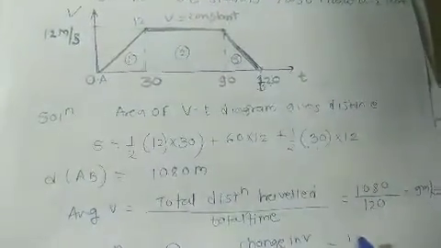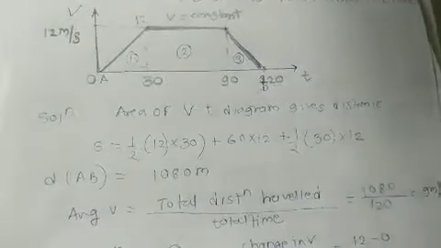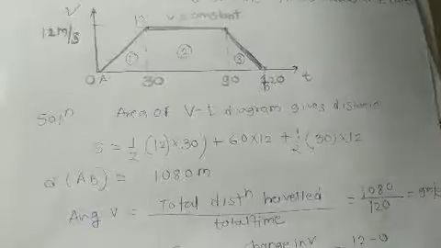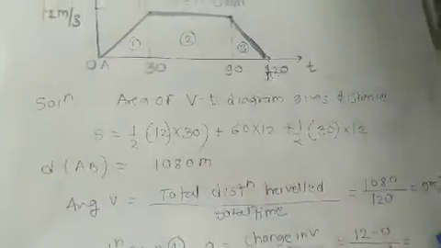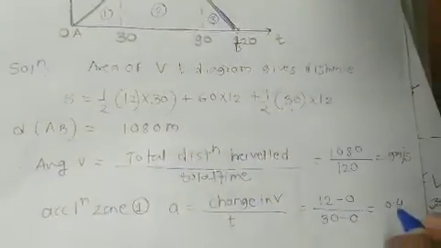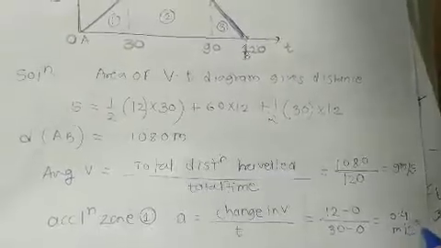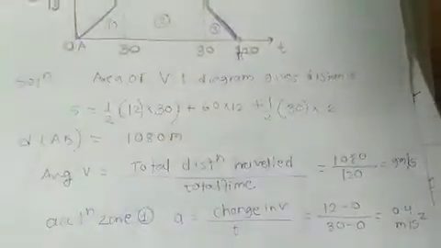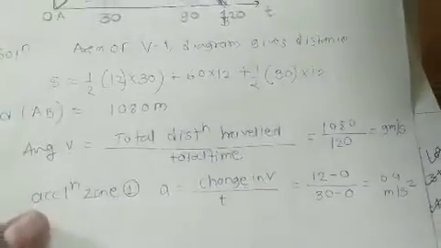So 12 minus initial velocity 0, and time is 30 minus 0. So this will give you 0.4 meter per second square.